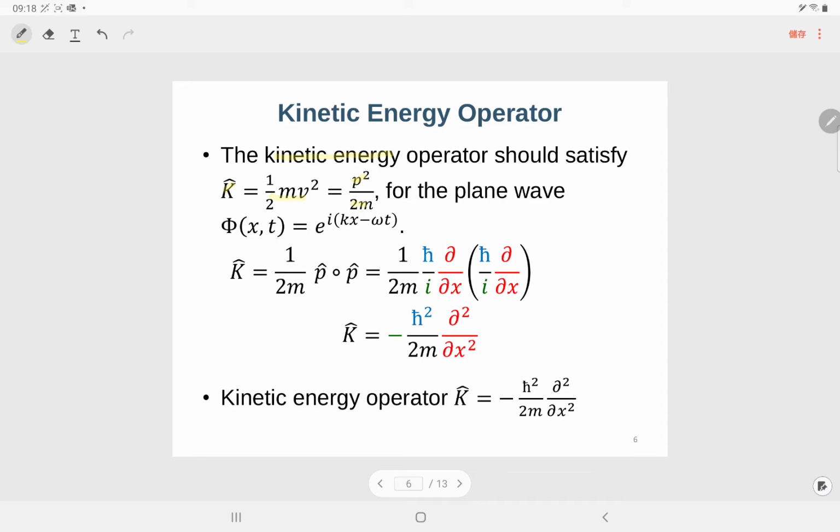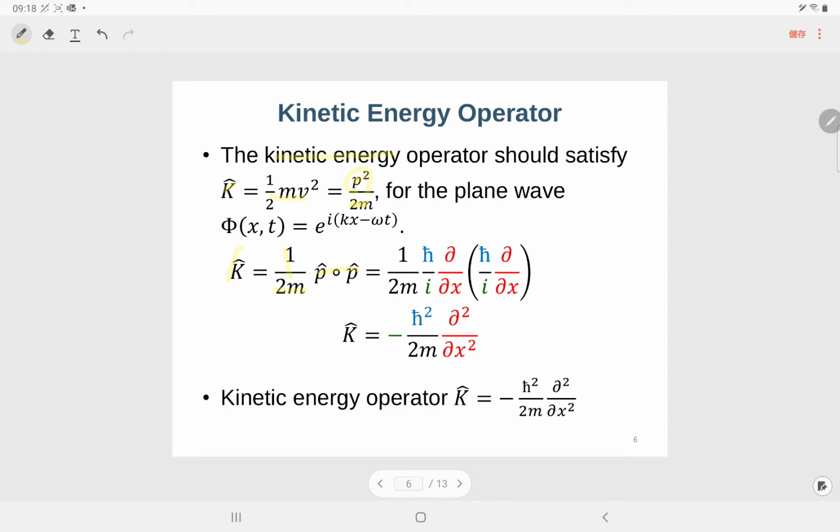And in this case, we can imagine k hat will be 1 over 2m, which is a constant, so we can just put it there. And then we operate on the wave function by the momentum operator 2 times, and then you will have p squared.